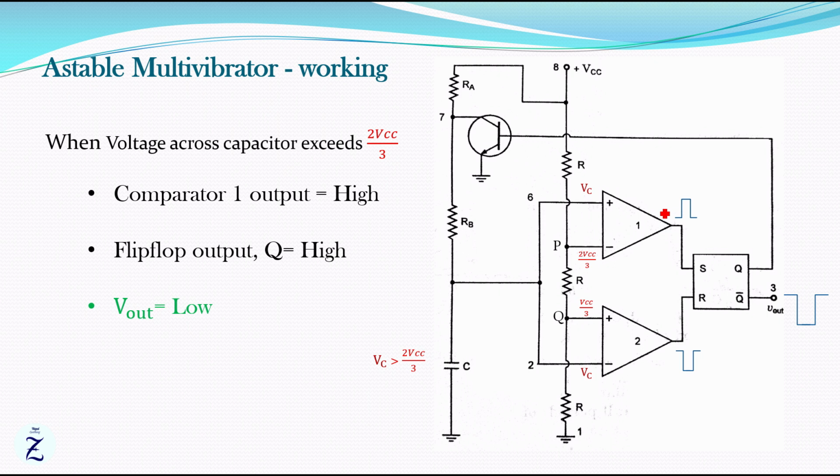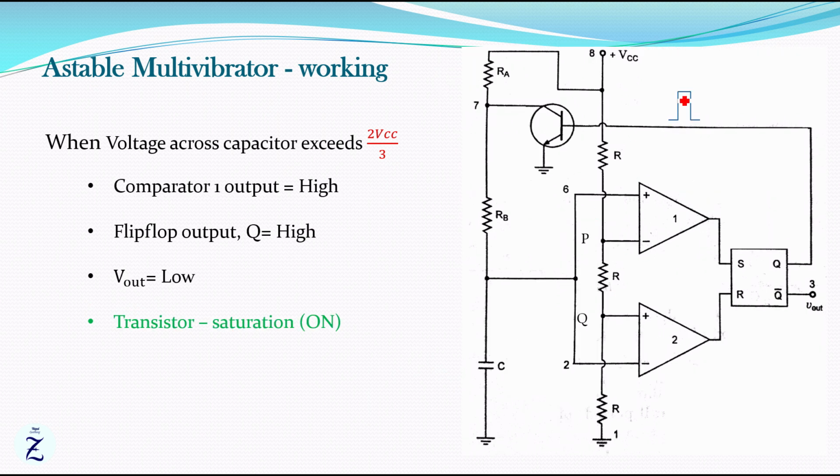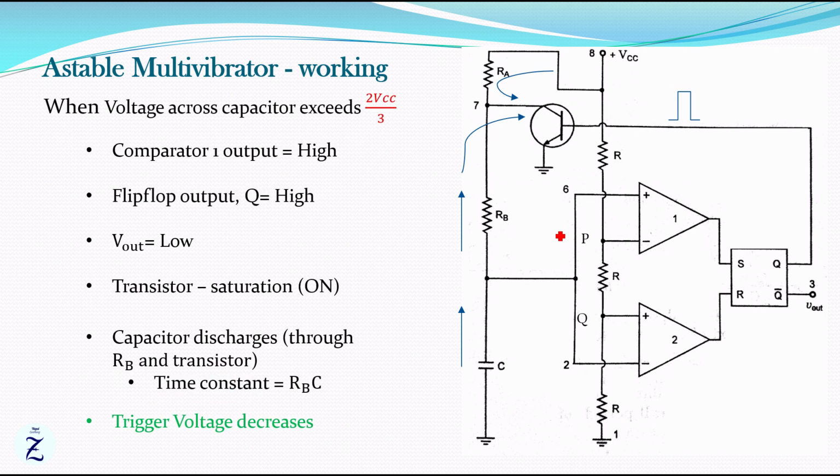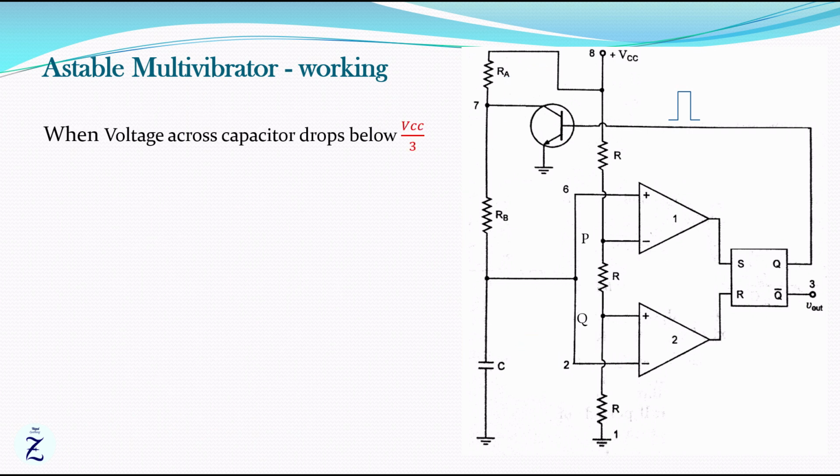The high output from the flip-flop saturates the discharge transistor so that the capacitor starts discharging through RB and the transistor with a time constant RB into C. With the discharging of the capacitor, the trigger voltage at the comparator decreases, and when it drops below VCC by 3, the output of comparator 2 goes high.